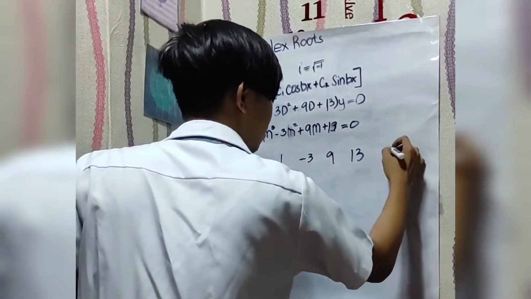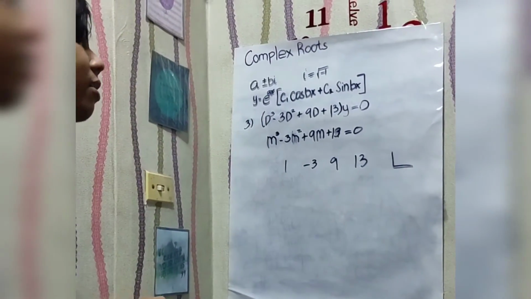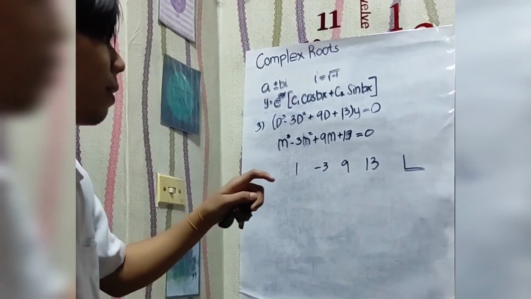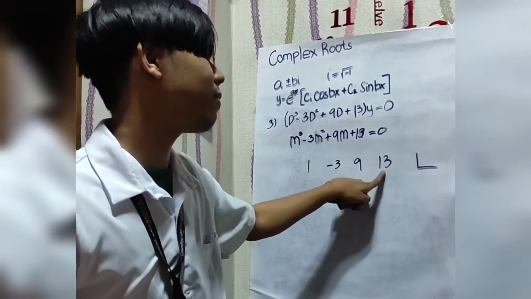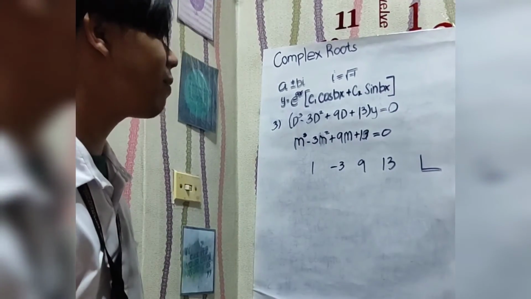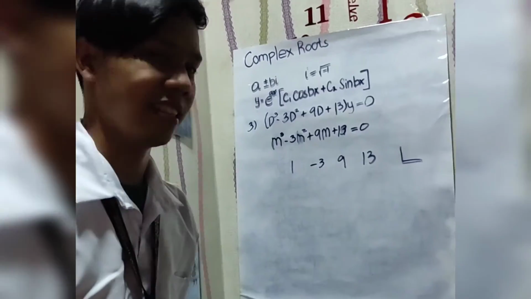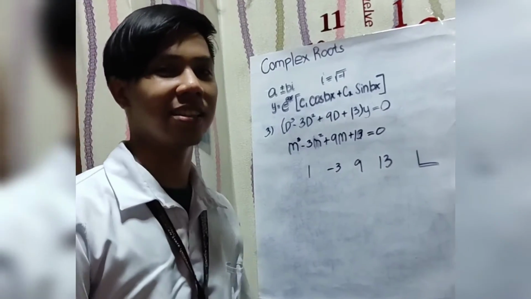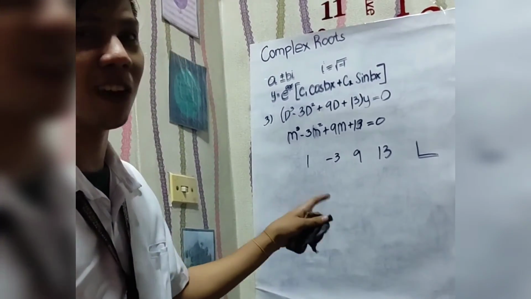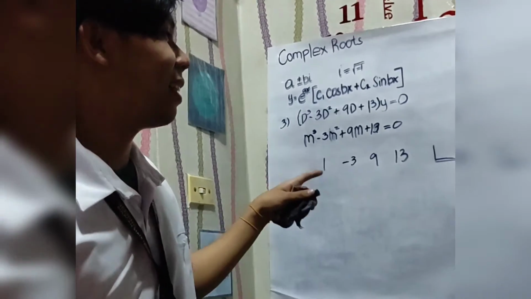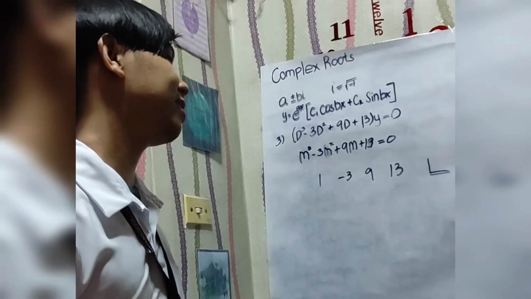Kailangan mag-isip tayo ng number na factor ng 13. Ano ba yung mga factor ng 13? 13 tsaka 1 lang. Siyempre, negative 1, positive 1, negative 13 tsaka positive 13.